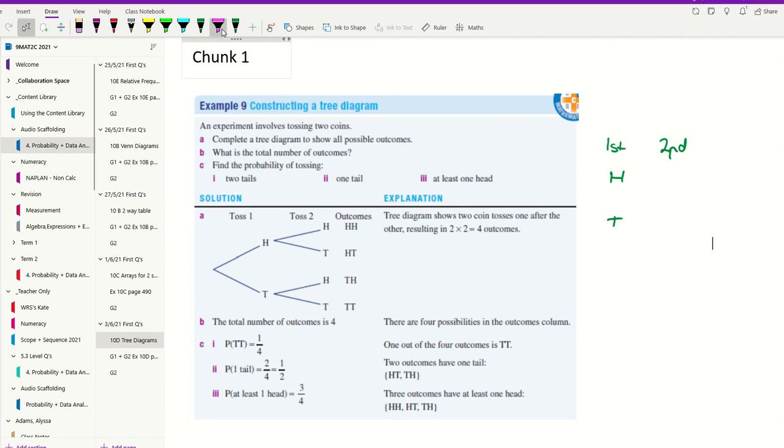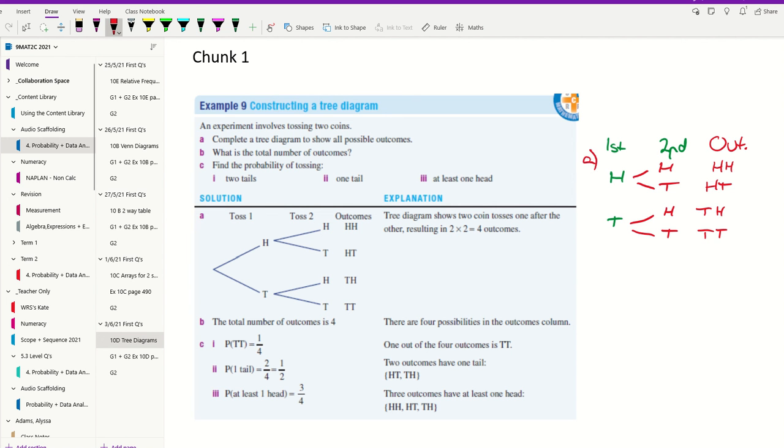Then for our second one, if we threw a head the first time, we can also throw a head the second time, or we can throw a tail. If a tail the first time, we can have a head or a tail the second time. So my outcomes over here are just HH, HT, TH, and TT. So there's the answer to A.